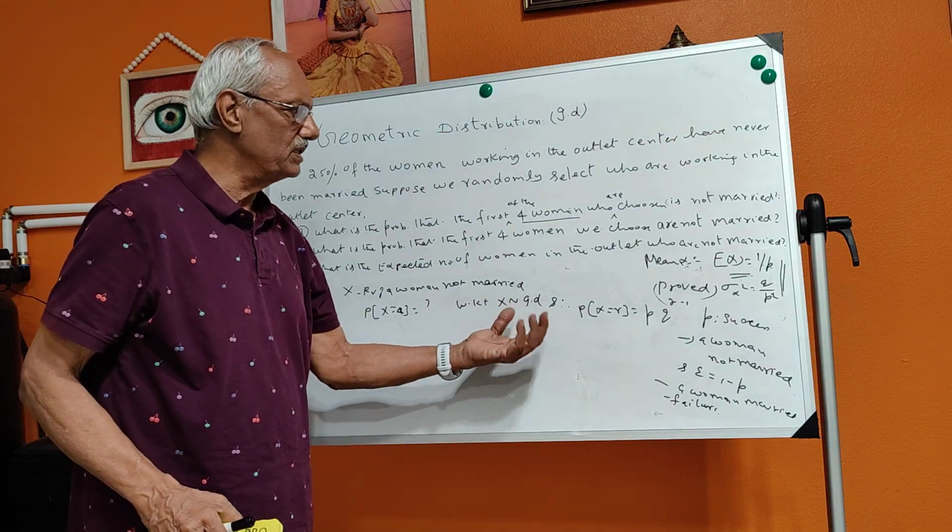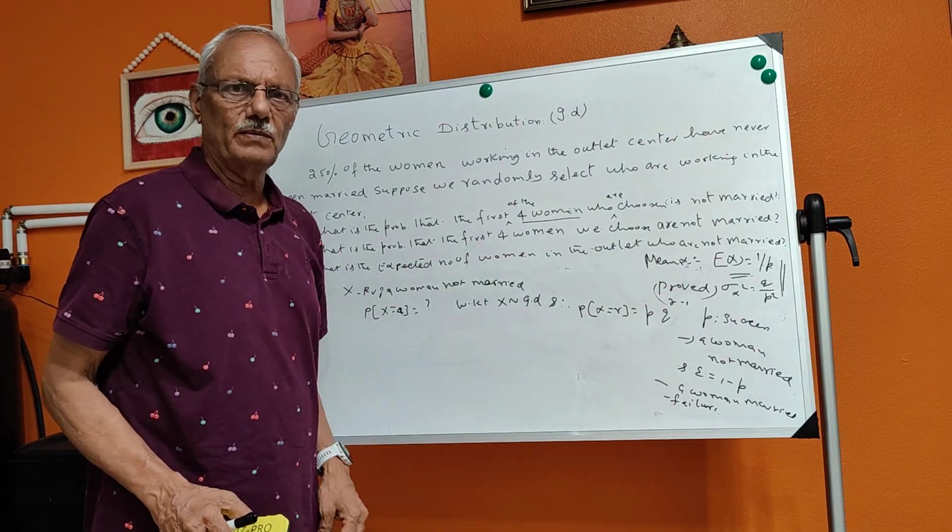Since this follows geometric distribution, we are finding the first woman who is not married.